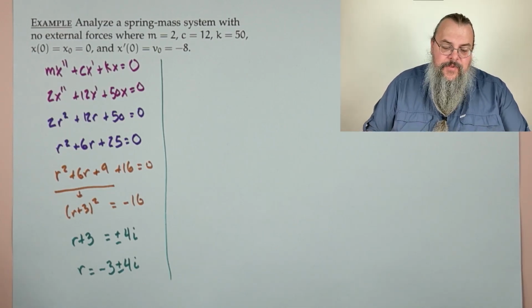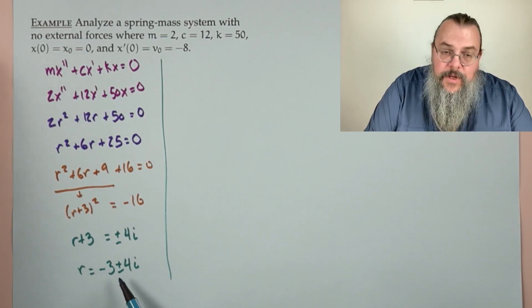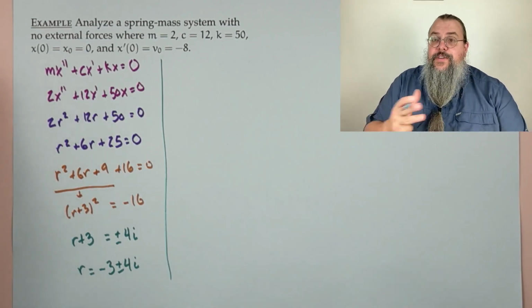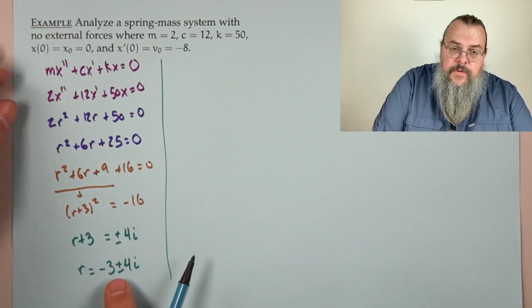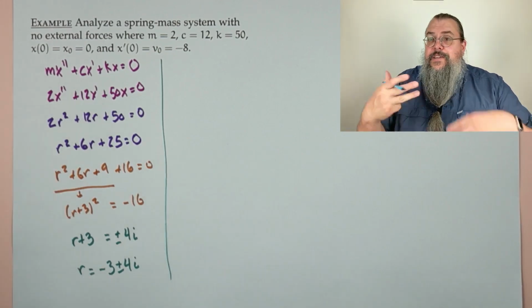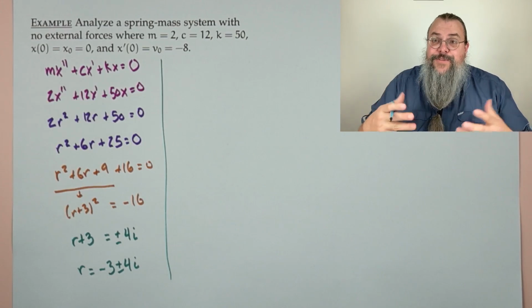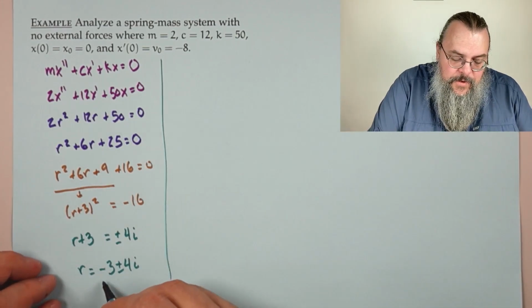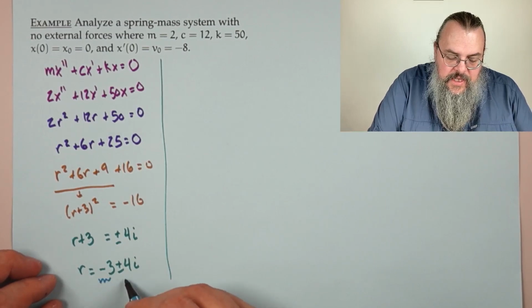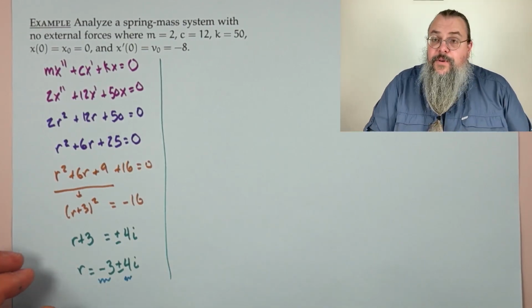All right, so now we say, okay, we know our roots. Roots translate into functions that make up our solution. And because we have complex roots, we're going to get sines and cosines. So complex roots turn into sine-cosine pairs. We have the real part, -3. The imaginary part is the 4.